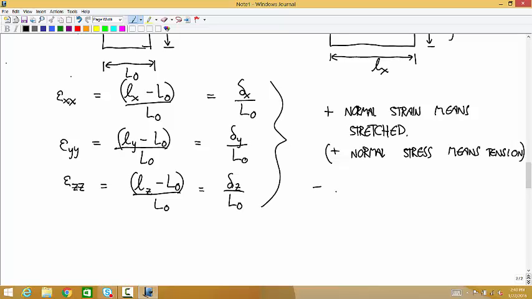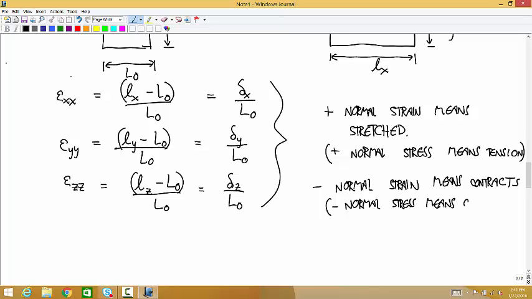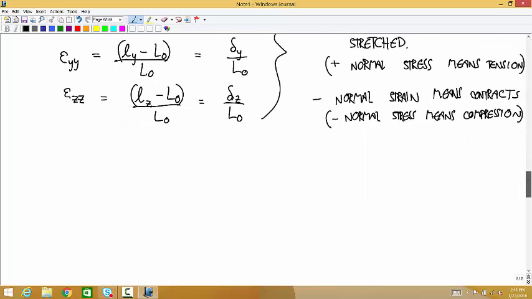And a negative normal strain means contraction. A negative normal stress means compression. So those sign conventions agree with each other, sort of.